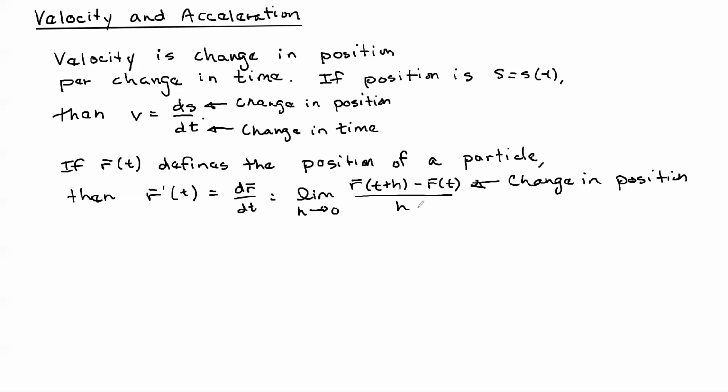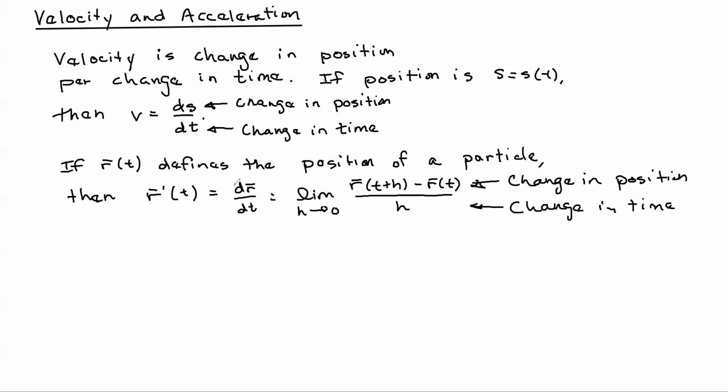And then h, it might not be apparent just at a glance that h is a time, but the fact that we combined h with t inside of the input here tells us that the denominator here, h, is a time. We're adding some amount to the time value. So we're going to have change in time here in the denominator, and that's also apparent if you look at dt.